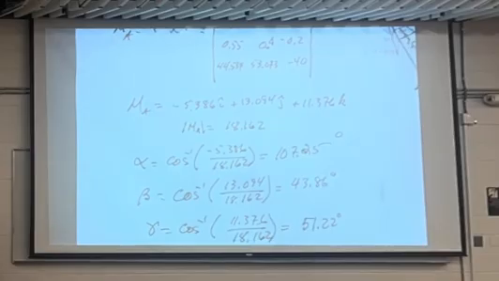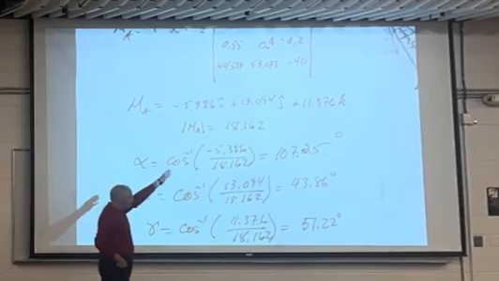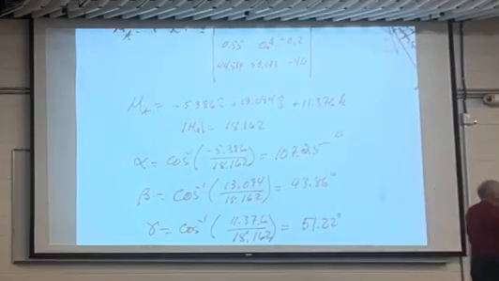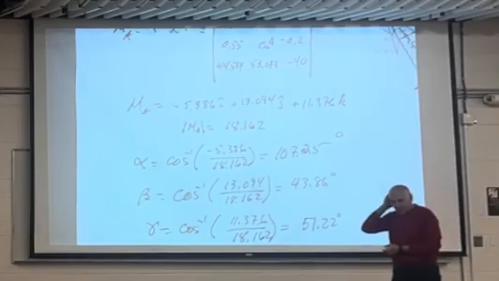So if I just say find me the moment, then just give me IJK. If I ask you to find me the moment and direction, then you need to give me 18.162 with the alpha, beta, gamma shown.